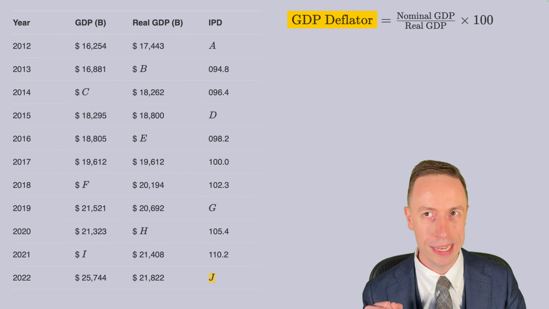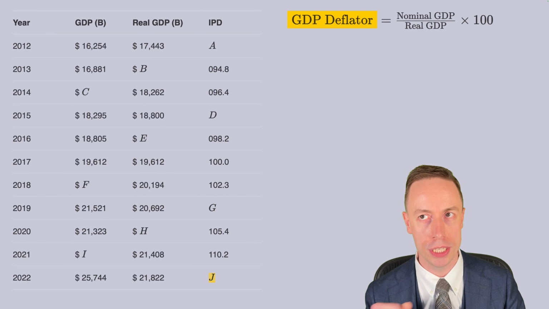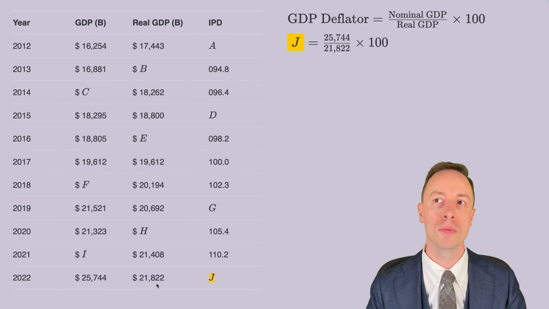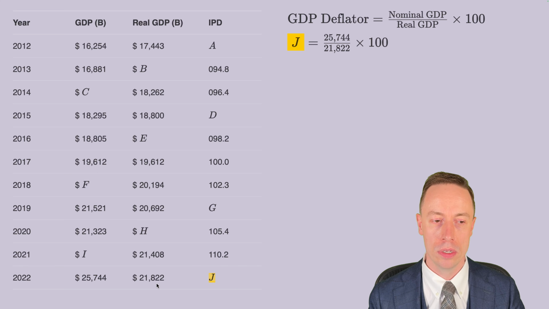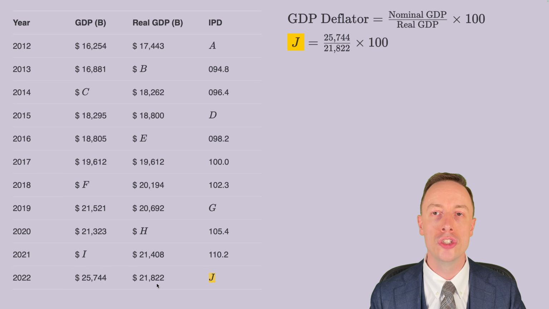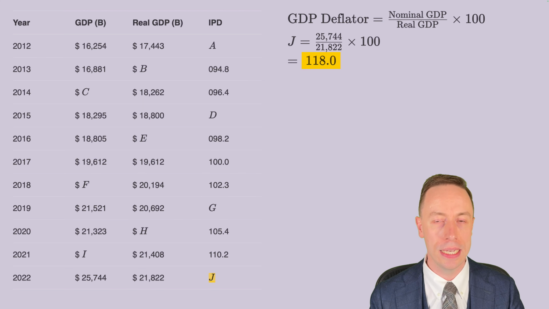So let's go ahead and solve for that letter J, or the GDP deflator. Our equation is already set up for that. All we have to do is plug in some numbers: 25.7 trillion for nominal GDP, 21.8 trillion for real GDP. Do the math, and the result for the GDP deflator is 118.